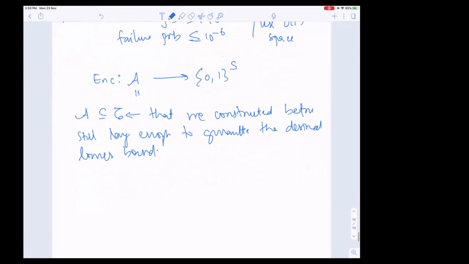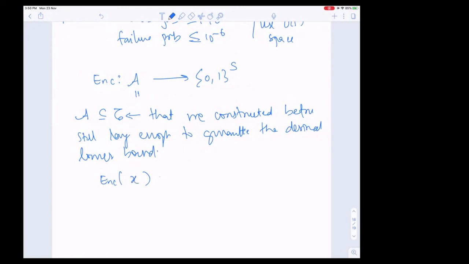If you recall, the encoding algorithm ran the algorithm A on X, and the encoding of X was basically the memory content of A on X.